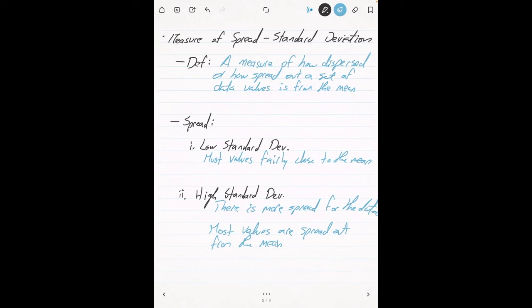Now, there are very technical formulas for finding standard deviation. How do you find a standard deviation? How much is enough? Like when you say most, over 50%, is it 51%? Is it 52%? Is it 60% or 68% of the data?